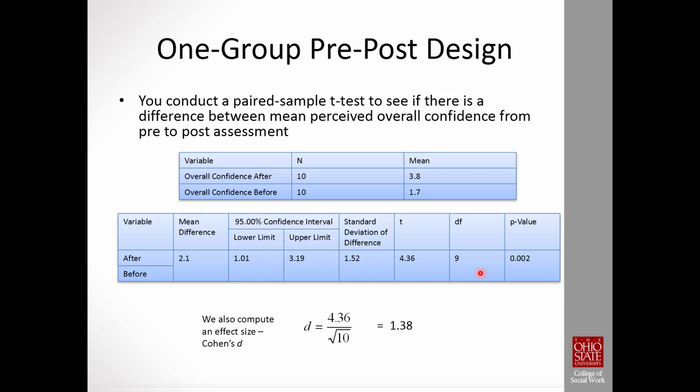And you can see that our p-value was statistically significant, so we're happy about that. And then we, of course, computed our Cohen's d using the formula that you've probably seen before, where you plug the t-value in and divide it by the square root of the number of cases. There are 10 people here, and if you do that computation, you get 1.38.